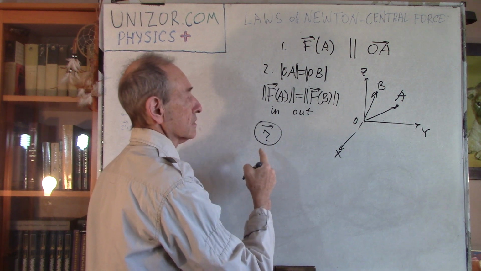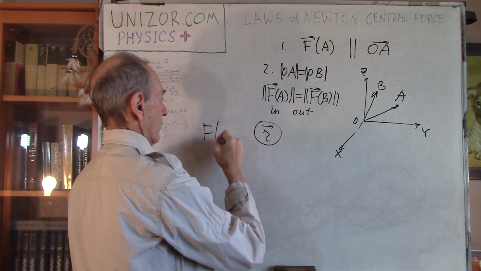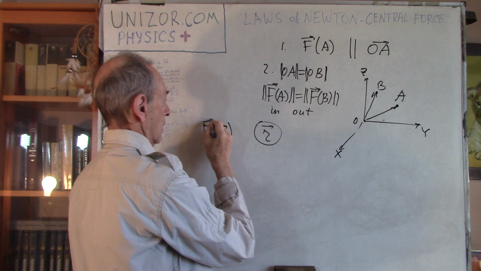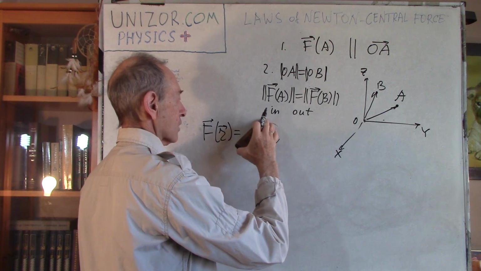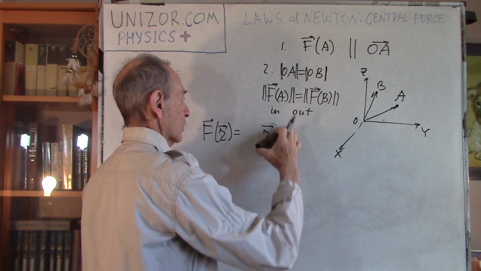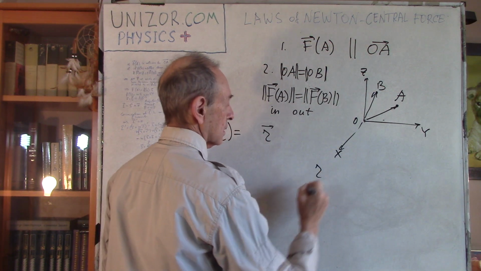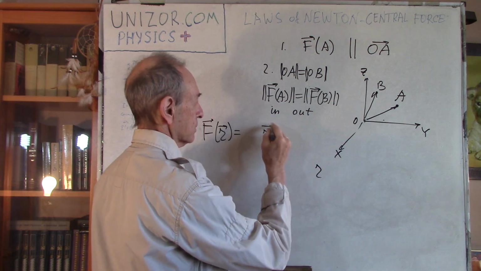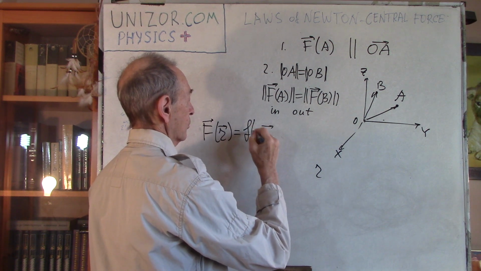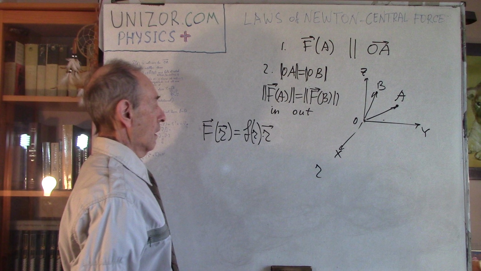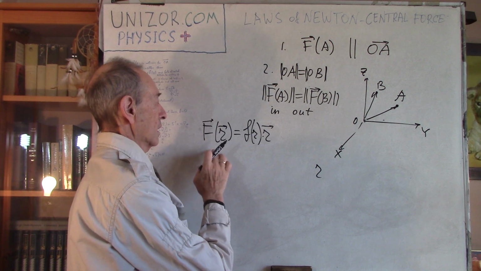If you have a vector r, then the force depends on this vector r to define its direction. And what else does it depend on? It depends on the radius itself. If I use the regular letter r without the arrow as the radius as a scalar, then I can put f(r) times r as the expression for the vector of force.